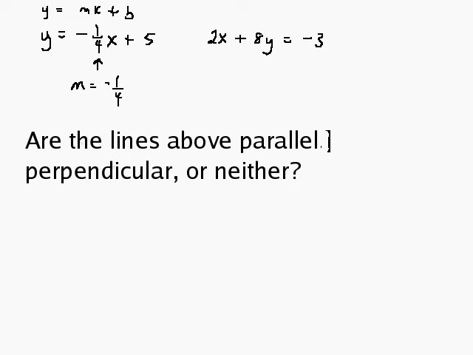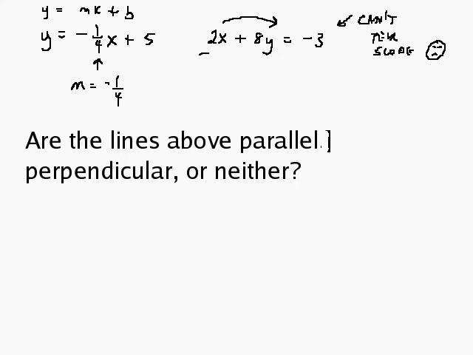Now, the second equation, what's the slope? We can't tell the slope from this general form. We'd have to do a few things. I'm going to put "can't tell slope" and a frowny face. All right, so what we're going to do is solve for y to get the slope.